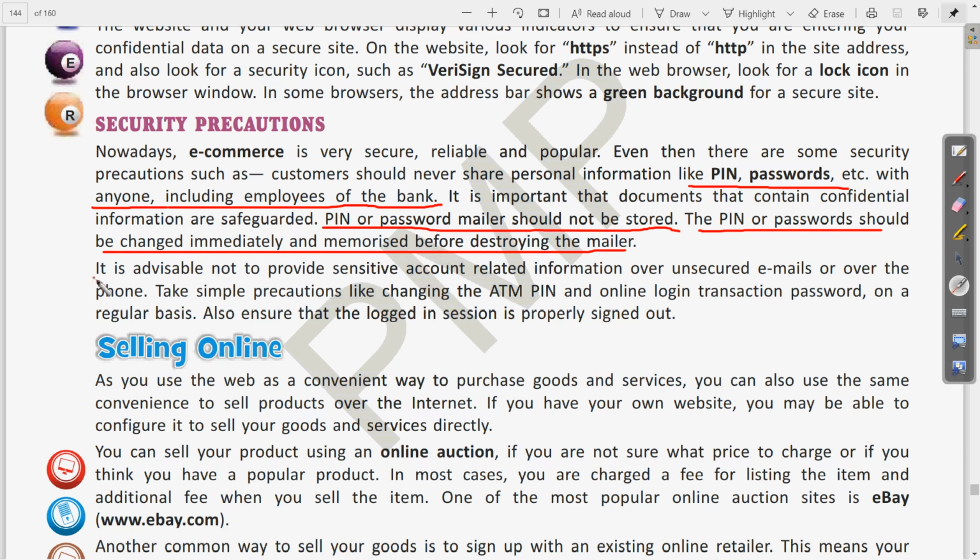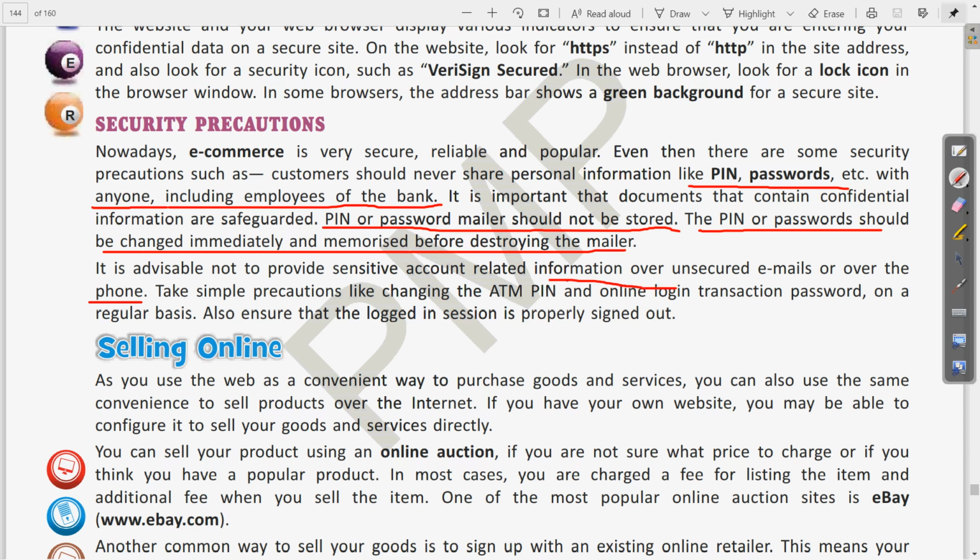Clear? The next is, it is advisable not to provide sensitive account related information over unsecured emails or over the phone. Clear? So whenever we are talking with someone or sending this information by mail, it is always advised that we should not send this information via mails or via phone, because mails and phone messages as well as calls when we are talking are also not secure.